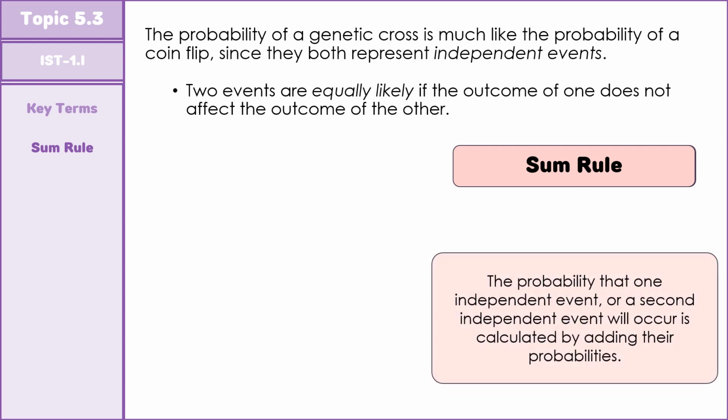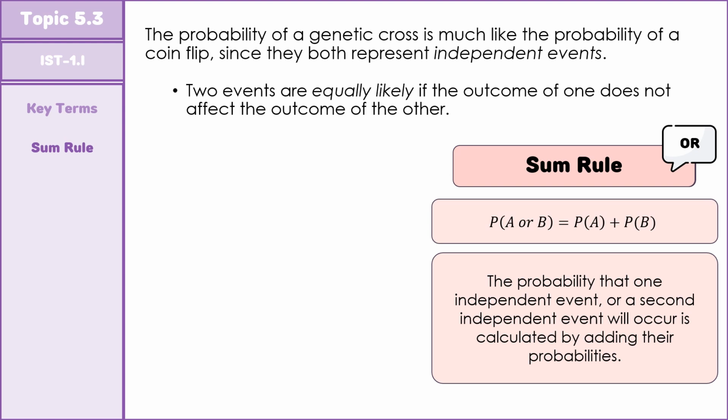So the probability that one independent event or a second independent event will occur is calculated by adding their probabilities together. So this is our OR rule. And we can see that in its equation, we have the probability of A or B occurring is the probability of A plus the probability of B.